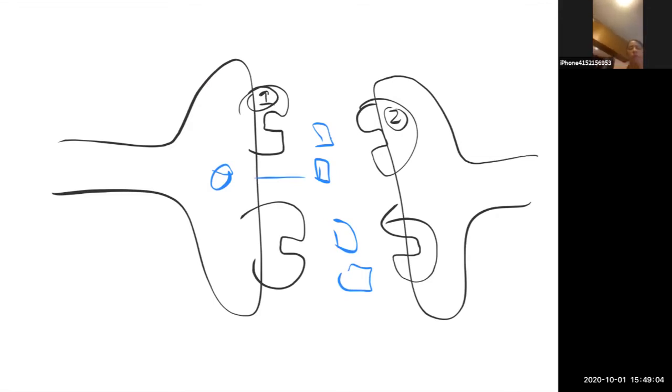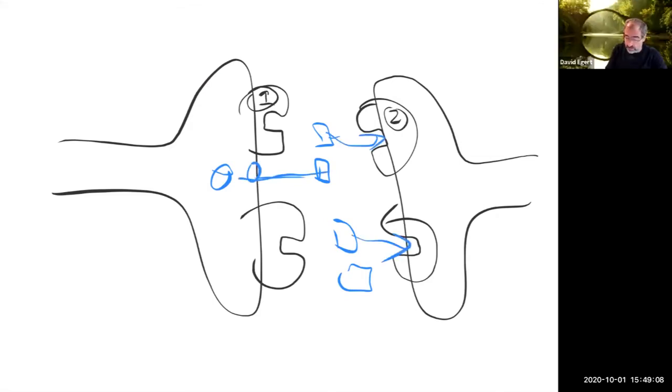And normally this releases it and it will bind here and send a message to the postsynaptic neuron. But also it's binding this one, and that is telling the presynaptic neuron, there's already enough neurotransmitter in the synapse, let's stop releasing, we've got enough already.